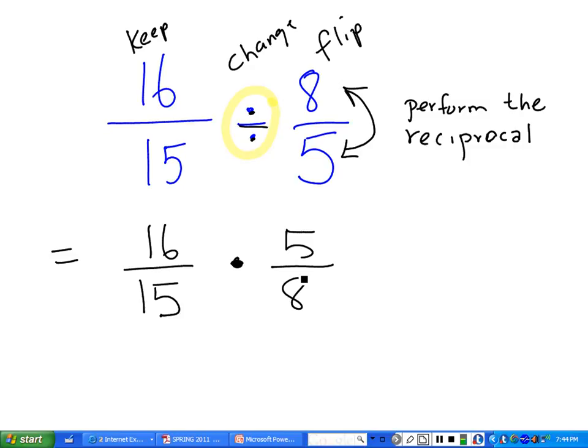Keep, change, flip. Now we can cross cancel because I can see that 16 and 8 are both divisible by 8. So 8 goes into 8 one time, 8 goes into 16 two times. 5 and 15 are both divisible by 5. So 5 goes into 5 one time, 5 goes into 15 three times.